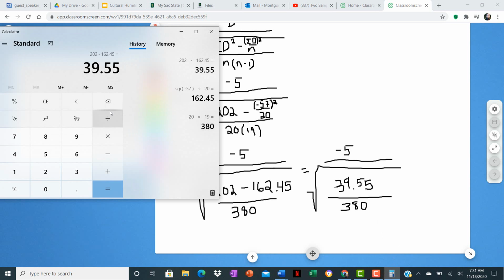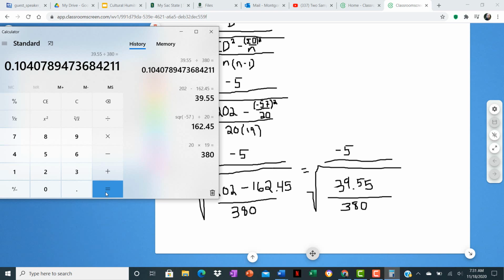We'll come back here: 39.55 divided by 380. We know it's going to be a small number indeed. We'll just go 0.10 rounding, and we're going to take the square root.